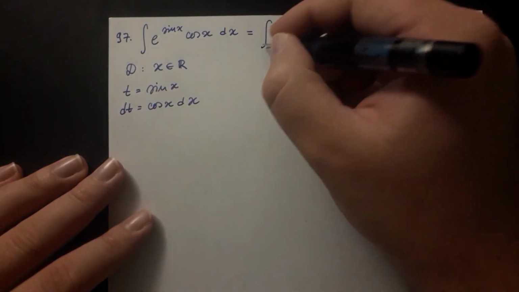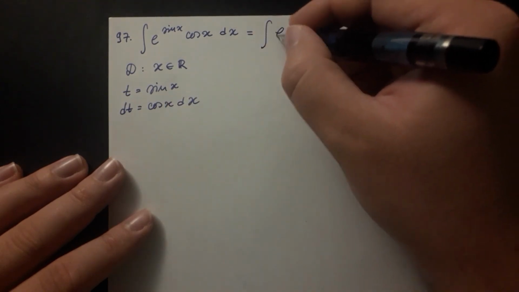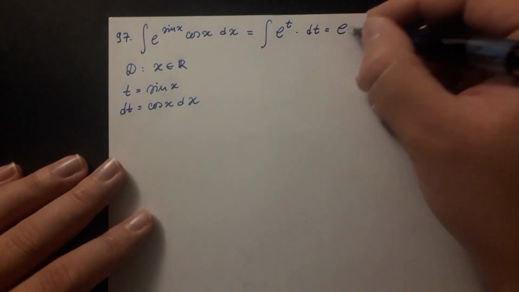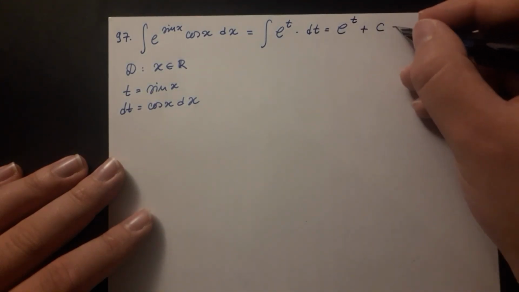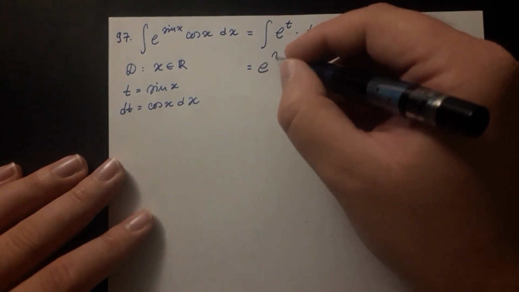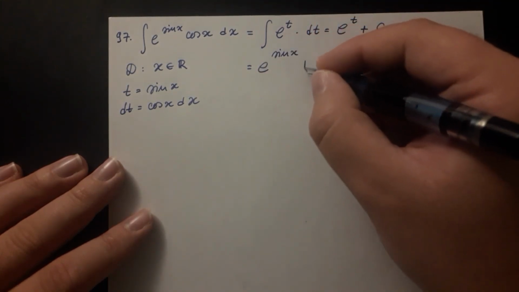This integral is then transformed into e to the power t times dt, which is equal to e to the power t plus an arbitrary constant c, which is equal to e to the power sine of x plus c.